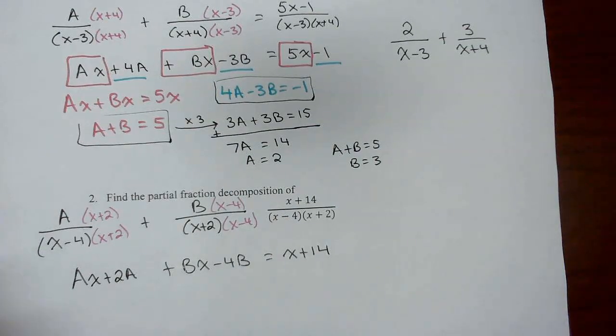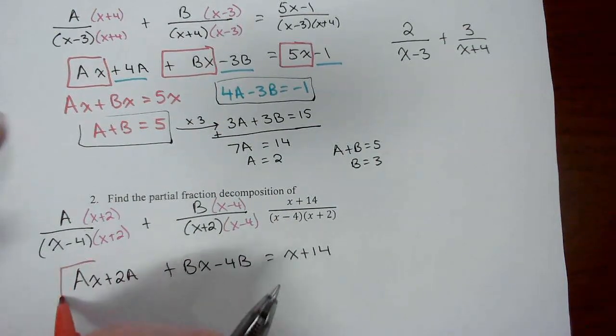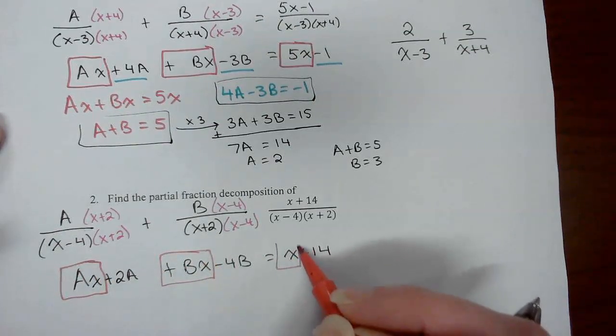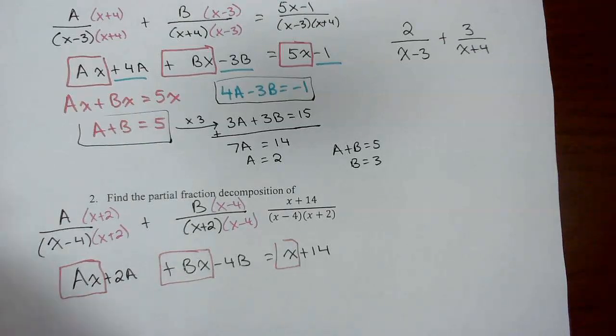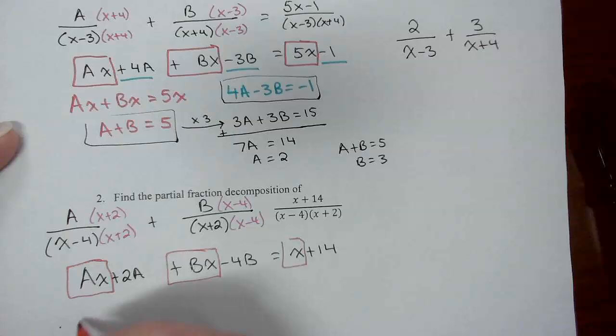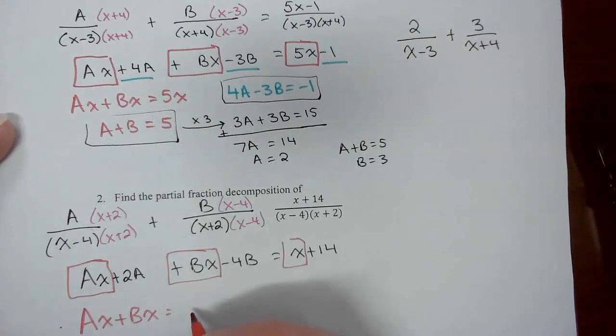Remember, we're going to have all the terms that have x's. Ax plus bx have to combine to give me the x over here. Ax plus bx equals x, 1x really. So a plus b equals 1.